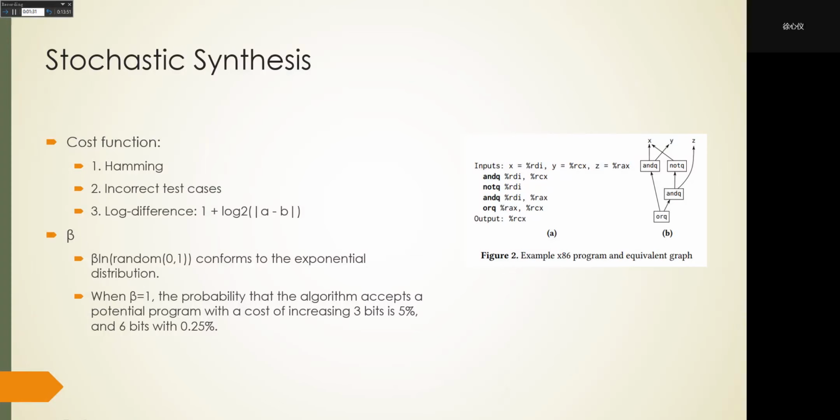So with a cost of 3 bits, you get an accept rate of 5%, but when the cost is 6 bits, you only get 0.25%. Actually, beta can be very large. It can be larger than 20. The article also did a little research on the optimum value of beta.